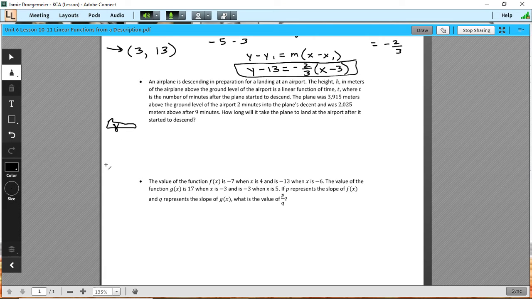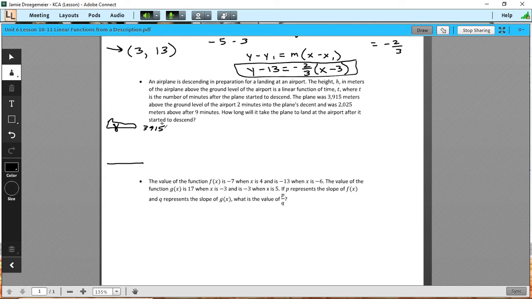So there's my plane. Here's the ground level of the airport. And so it's telling us that the plane was at 39:15 above the ground when we started, or excuse me, 2 minutes into the descent.